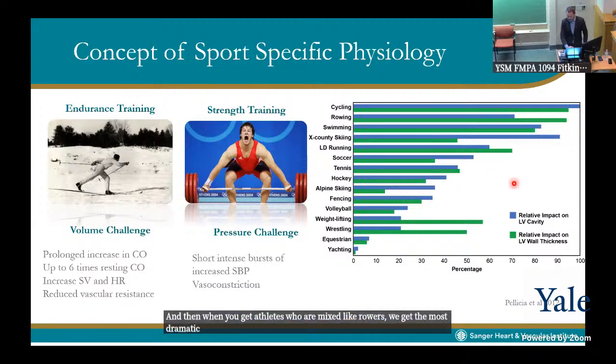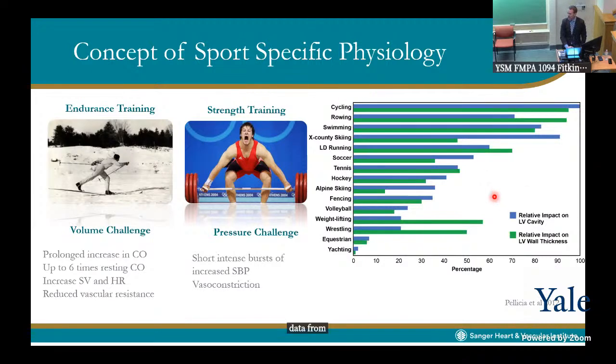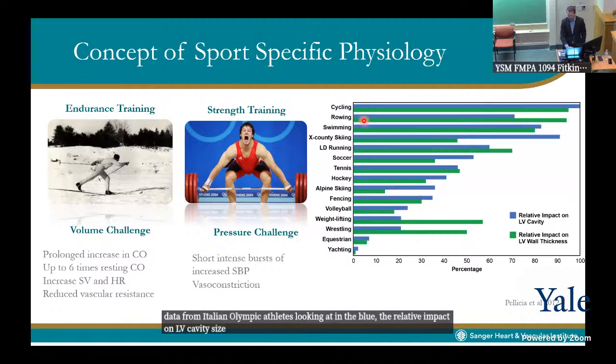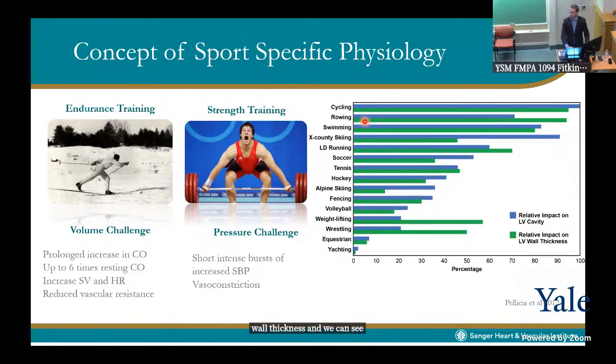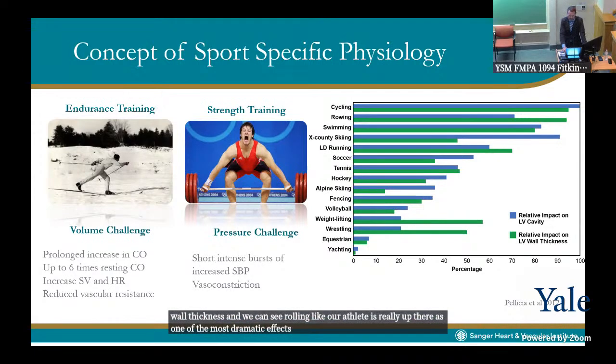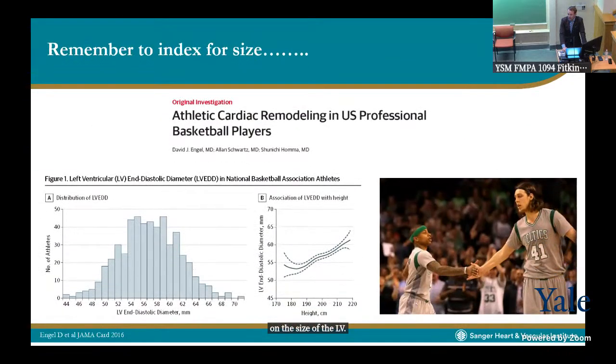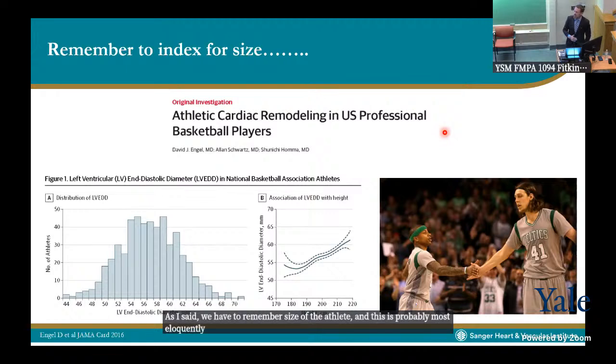So this is data from Italian Olympic athletes, looking at, in the blue, the relative impact on LV cavity size and wall thickness. And we can see rowing, like our athlete, is really up there as one of the most dramatic effects on the size of the LV. As I said, we have to remember the size of the athlete, and this is probably most eloquently illustrated in NBA athletes, where we've got such a big range of sizes.